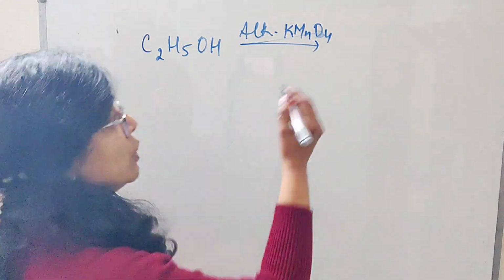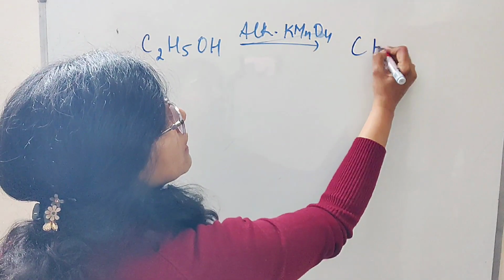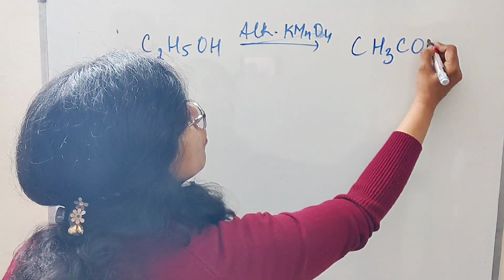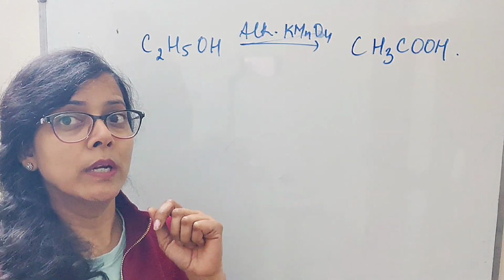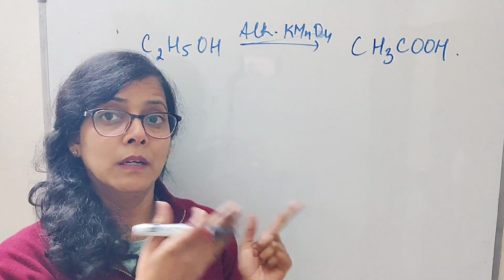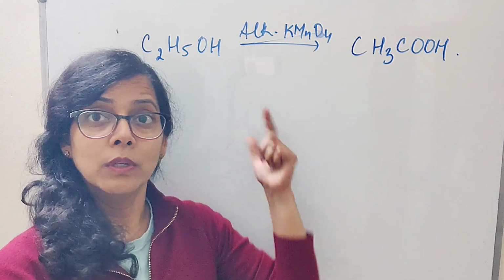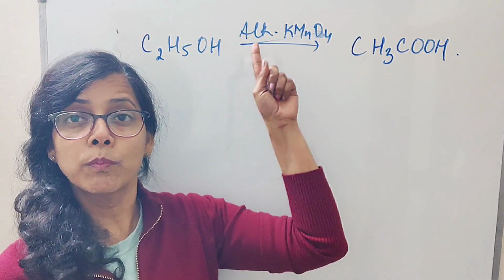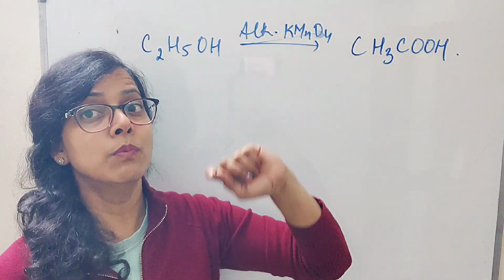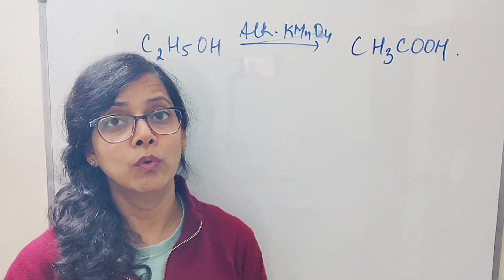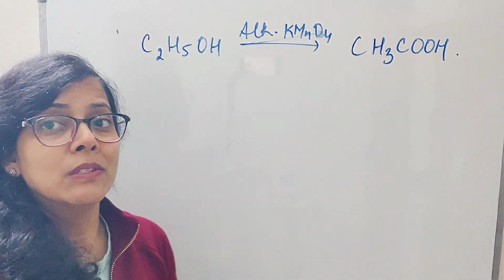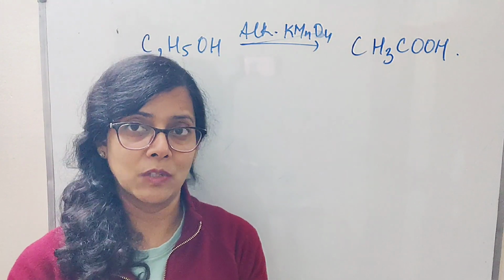So what will you get here? CH3COOH. This is warm ethanol, so you can even write that we are heating here. So C2H5OH plus alkaline KMnO4 in the presence of heat will oxidize C2H5OH to ethanoic acid, CH3COOH. So this is your answer.